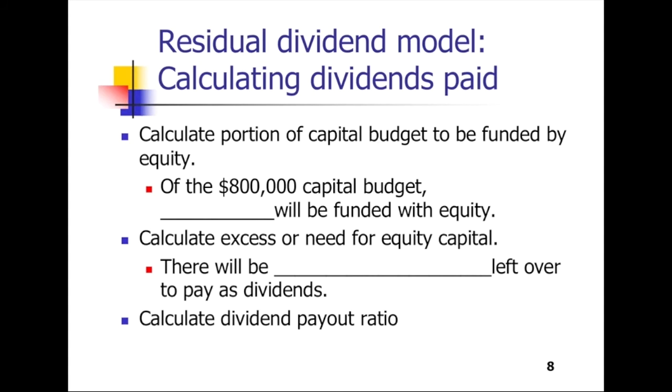The target equity ratio was 60%, so 0.6 multiplied by 800,000 gives you some number, right? The number is 480,000. This amount of money will be funded with equity, right?